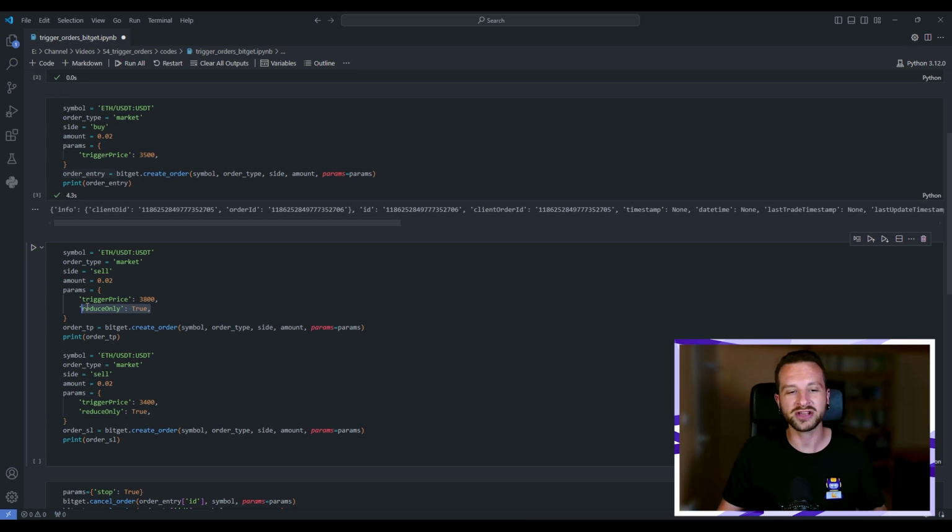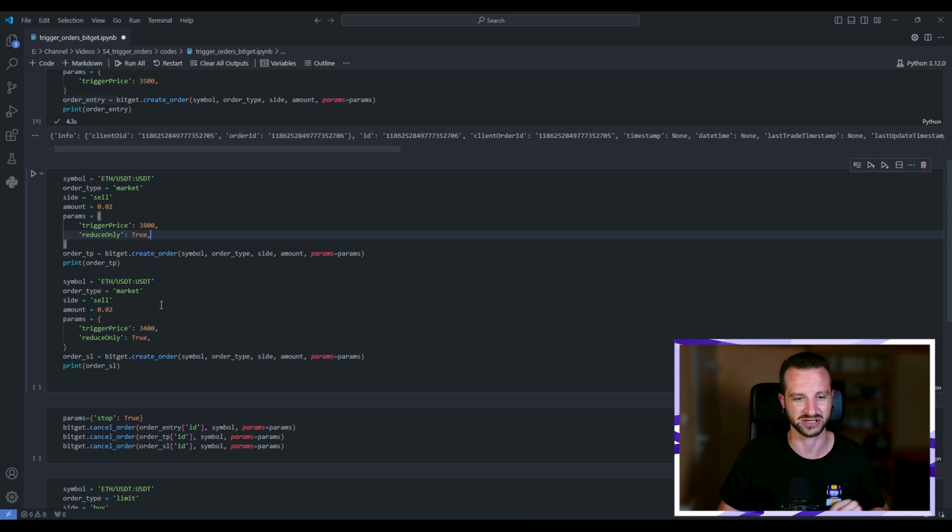In other words, if the amount, because of your strategy or something like this, is a bit bigger, the reduce only means that if you're closing a long with a short, you cannot extend that amount and leave an extra bit of short open. That's not possible. The reduce only means that you're closing, and that's that. Okay, I hope that was clear.